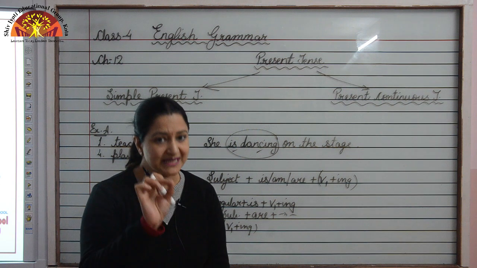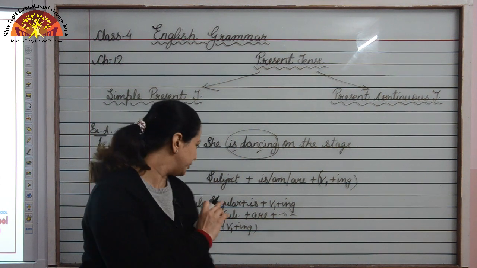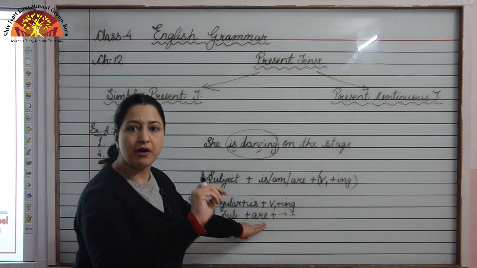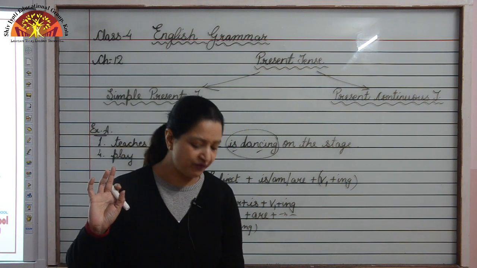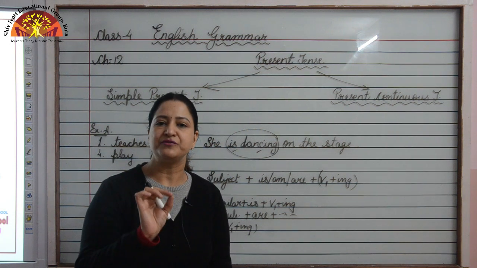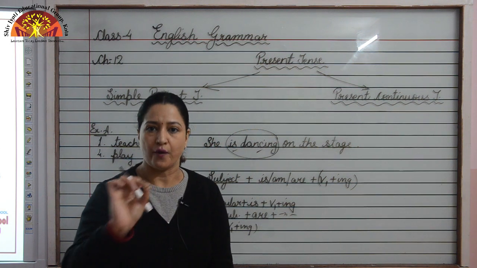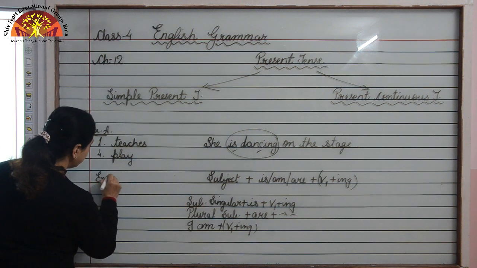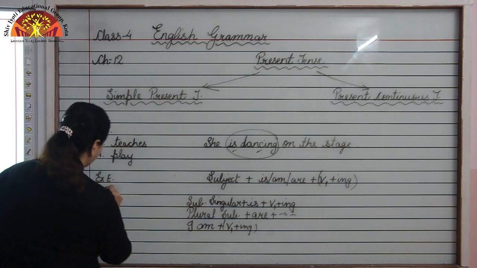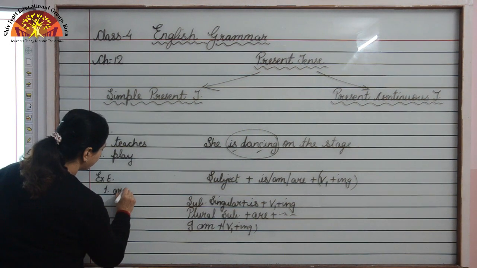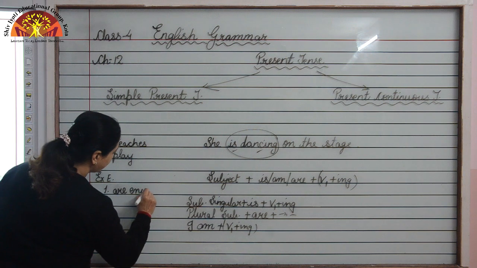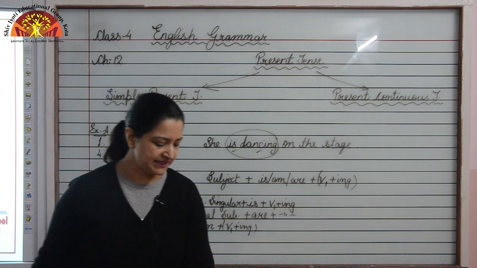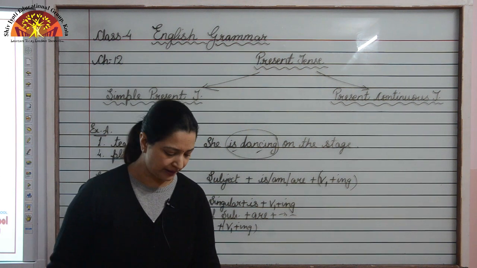For present continuous tense, as I have told you, whenever our subject is plural, we have to use are plus verb plus ing. So here the verb is enjoy, so you have to write are enjoying. The children are enjoying themselves on the swings in the park.